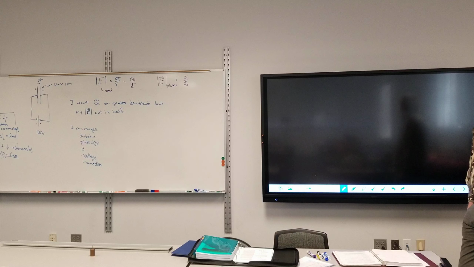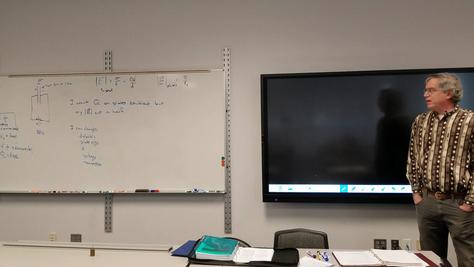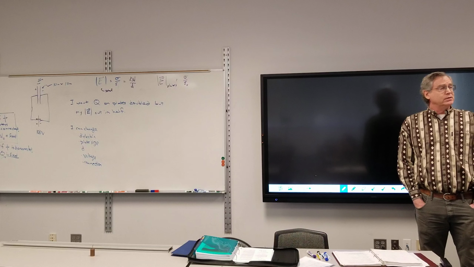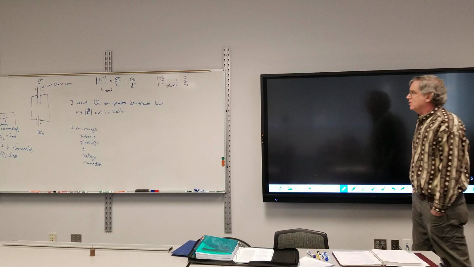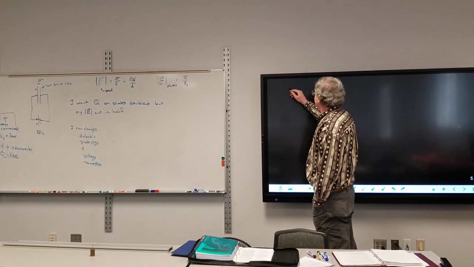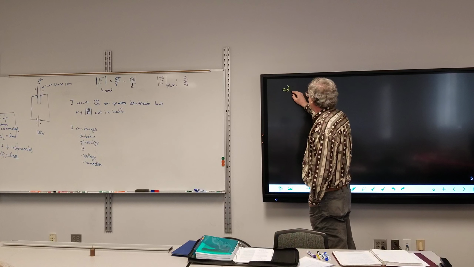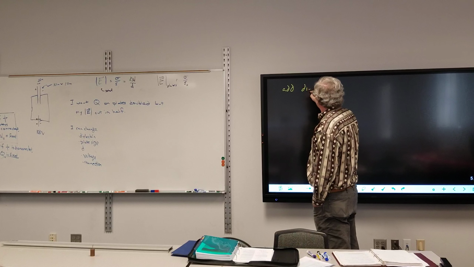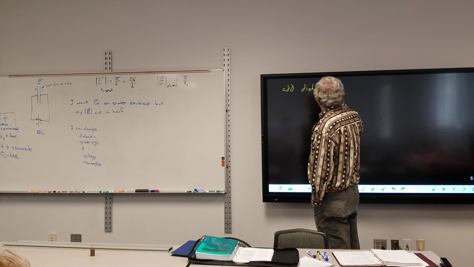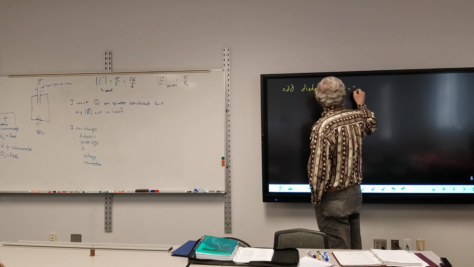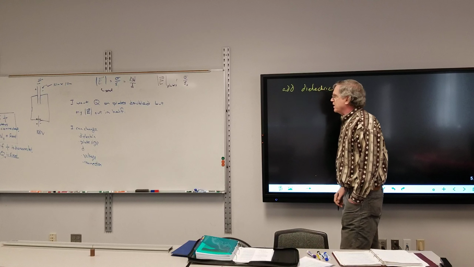Add a dielectric. All right. What would be the dielectric constant of this dielectric? 2. All right. So if we add the dielectric kappa equals 2, let's see what that's going to do.